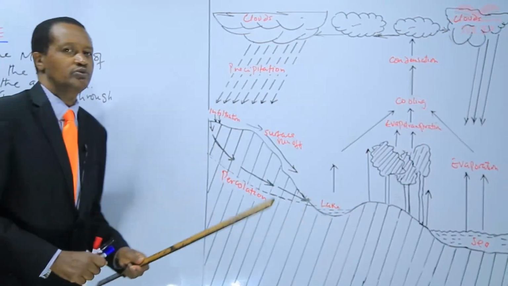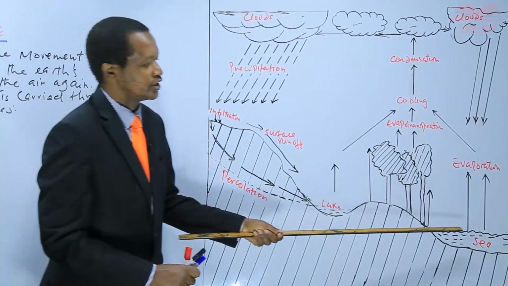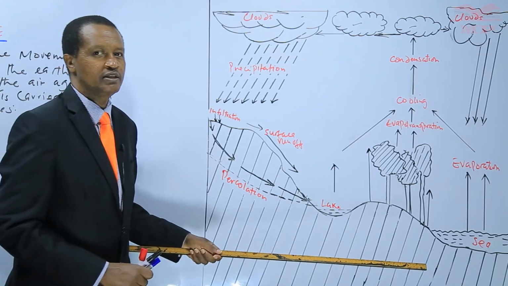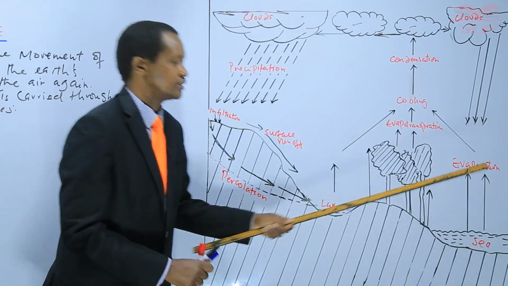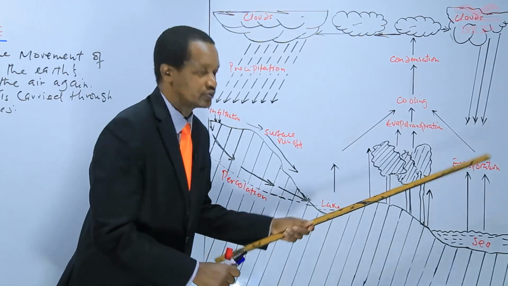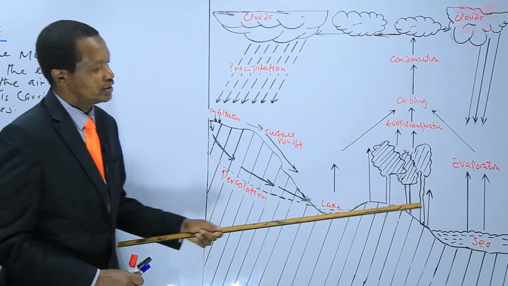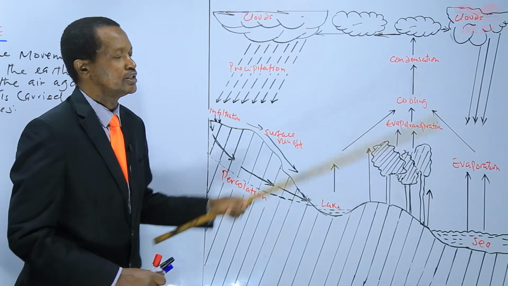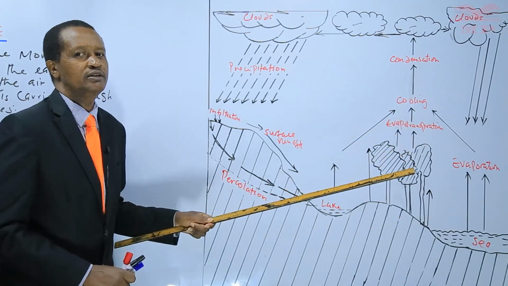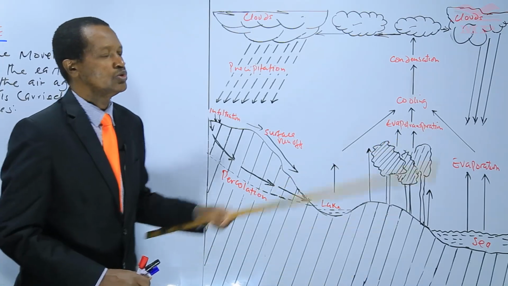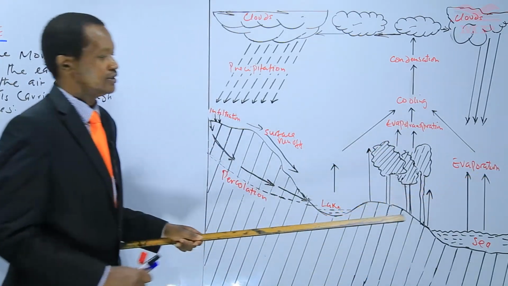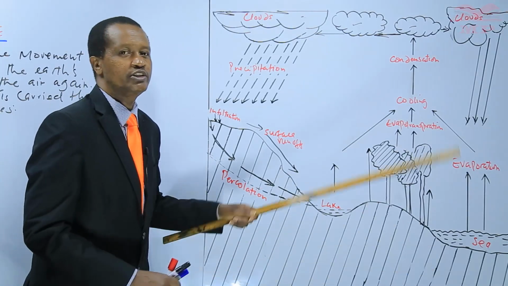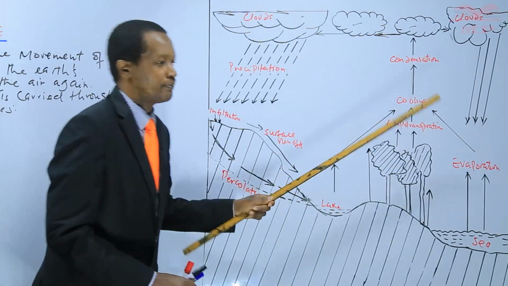So learners, the hydrological cycle begins with the evaporation of water from the sea. All right? Evaporation, learners. What is evaporation? Evaporation is the process through which liquid water changes to water vapor.